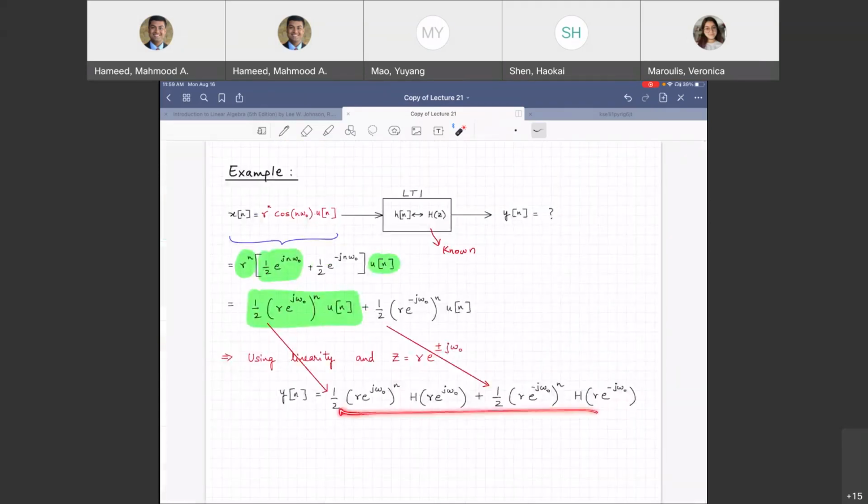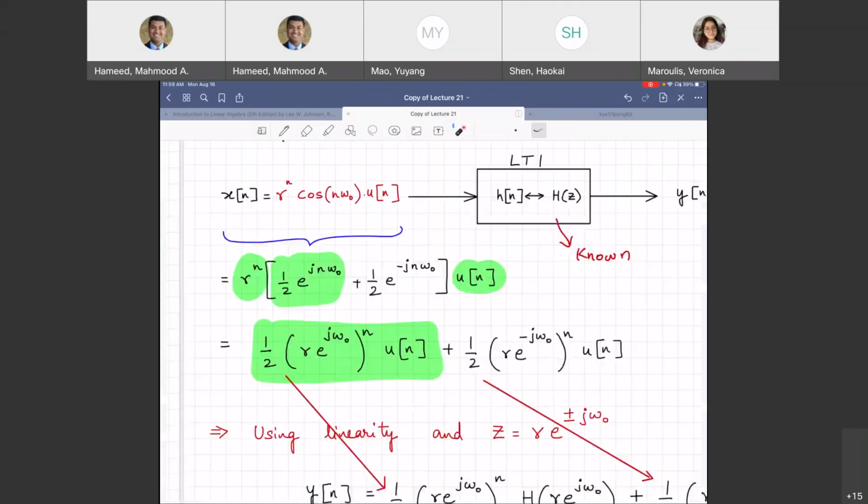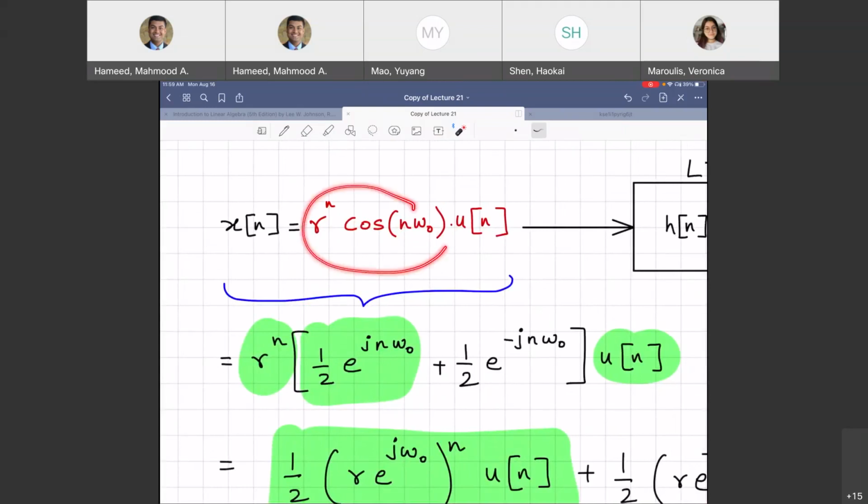That's it. So you didn't need to go into Laplace domain. You just evaluated it directly. For what kind of things you can do this? Well, if you have some signal over here raised to n, for those z, some complex number raised to n, you can apply that.